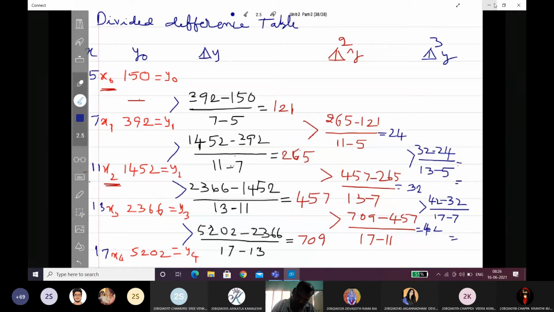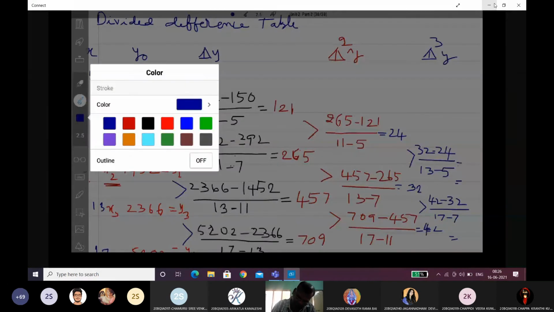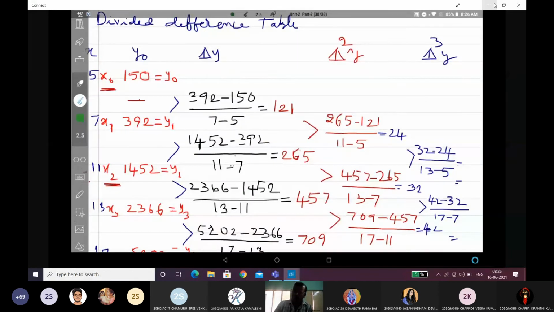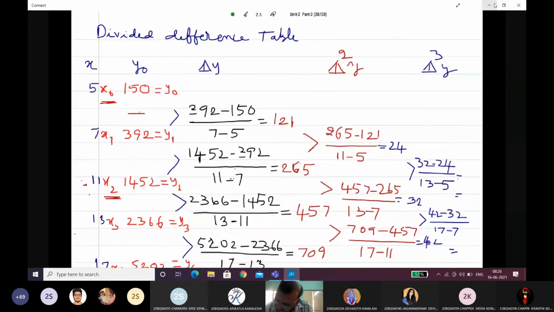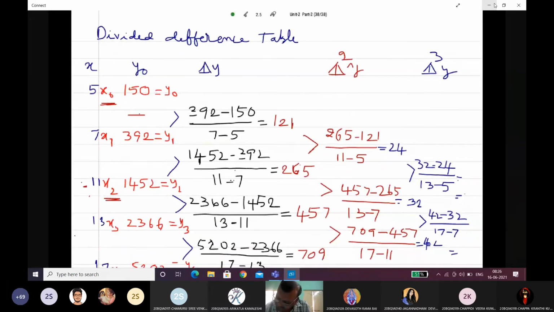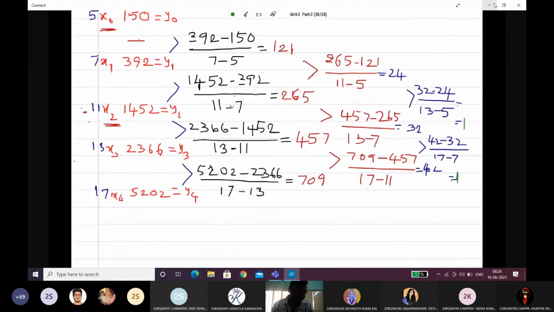What are its values? 1, sir. 1, very good. Next would be 0, so nothing more to do. This is the way we calculate the first, second, and third divided differences. It is very easy: difference of y values by difference of x values. Remember that.